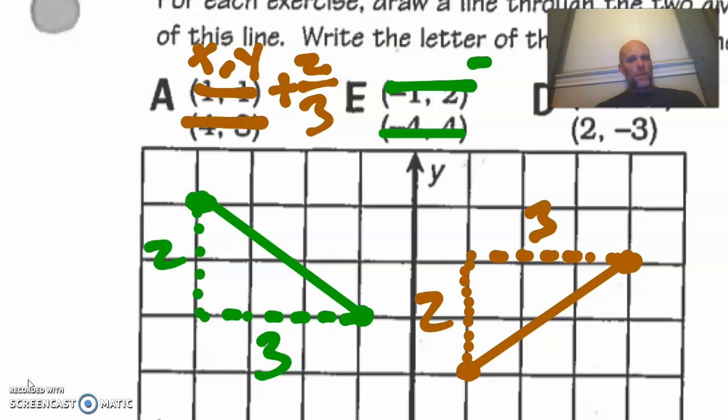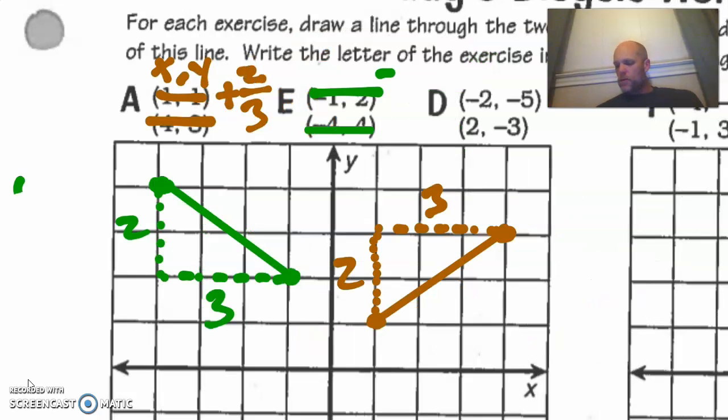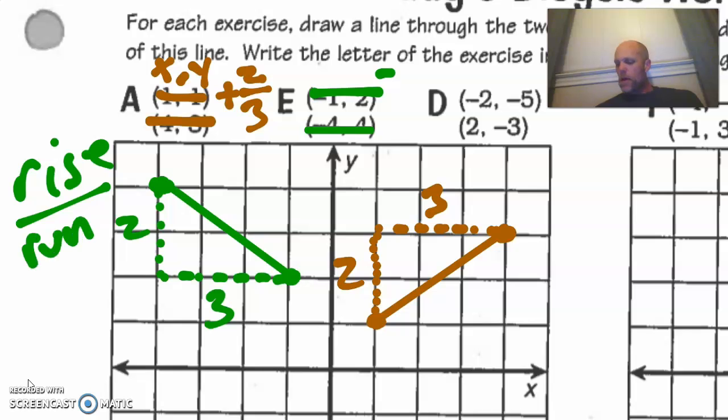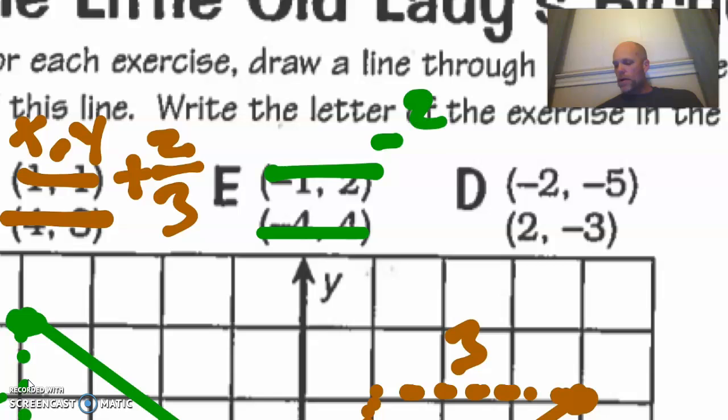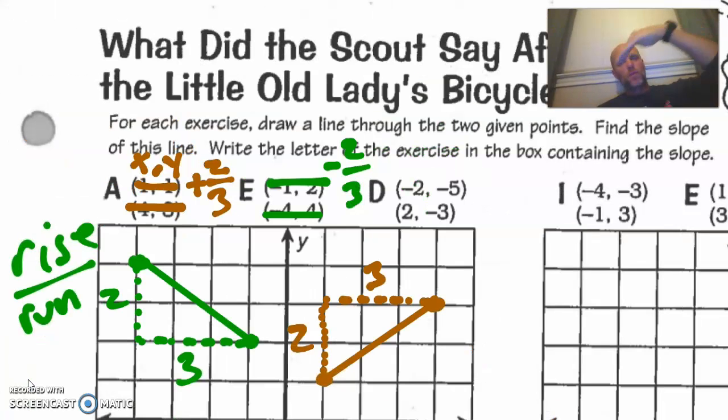So rise over run. I'm going to write that over here. Rise over run. 2, it rose 2 and ran 3. So that one is -2/3 because it's going downhill.